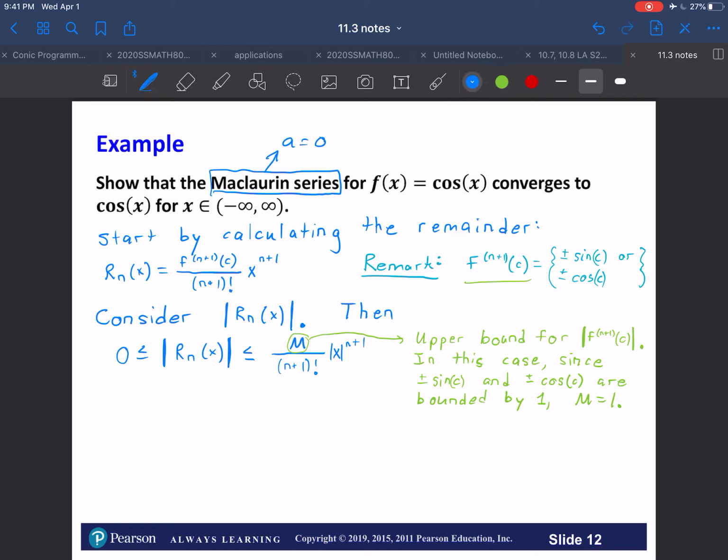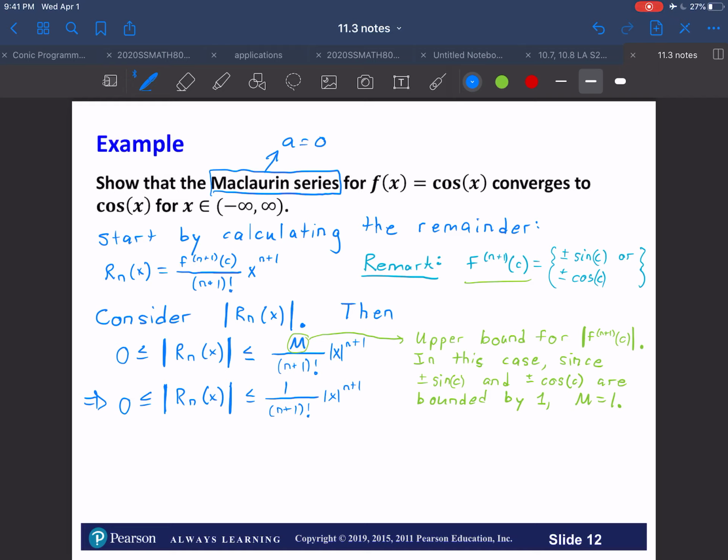And so this allows us to write down that 0 is less than or equal to the remainder, which is less than or equal to 1 over (n+1)! times x to the (n+1) power.